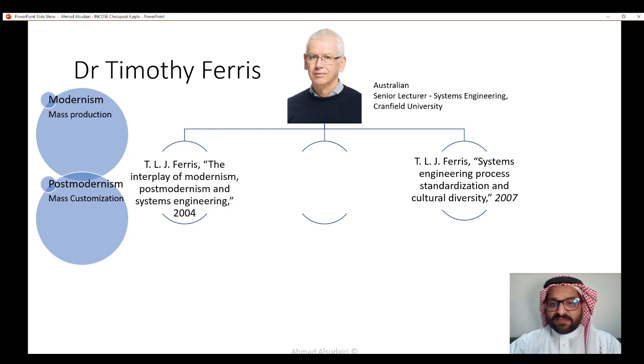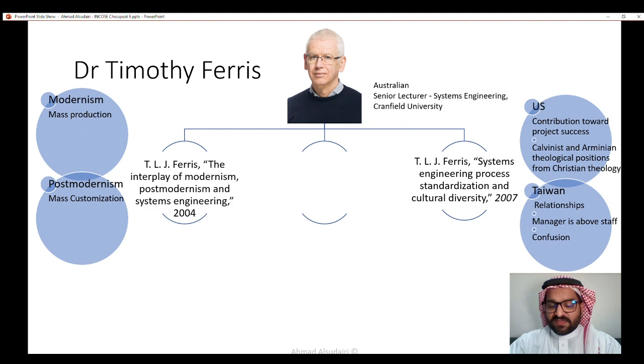Another article is Systems Engineering Process Standardization and Cultural Diversity. He explained how, in the United States, the theories on systems engineering are a contribution toward project success, which was supported by the Calvinist and Arminian theological positions from Christian theology.